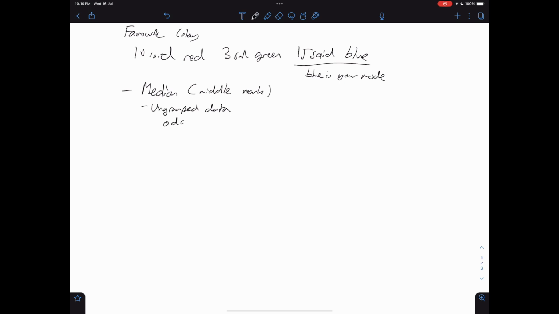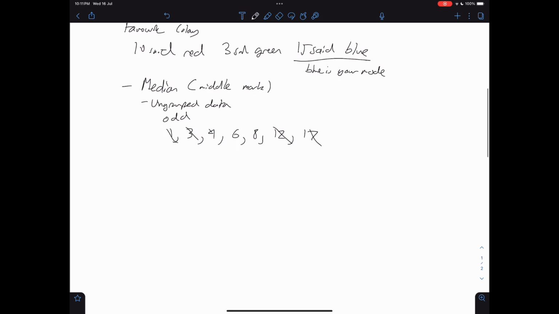So if we do odd, let's just do some numbers: 1, 3, 4, 6, 8, 12, 17. We've got 7 total. So we go from the ends, count along, and find the middle. 1, 2 from the middle, 3 from the middle, 6 is our median.